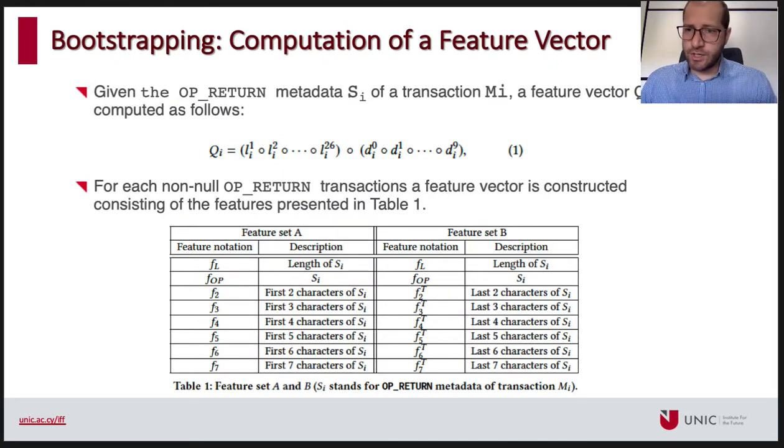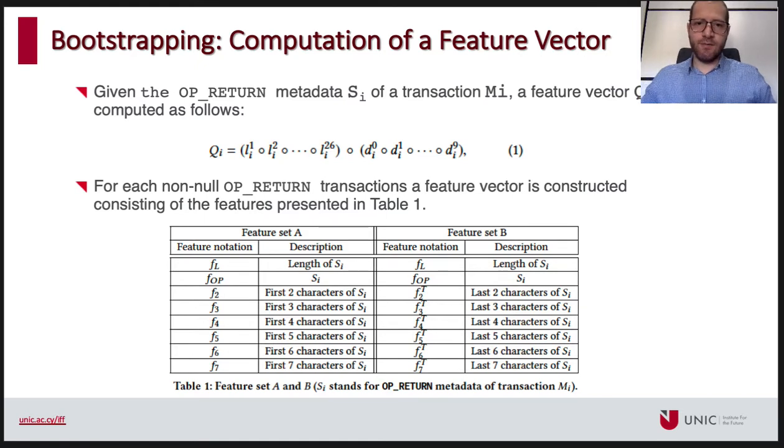So we're suggesting a feature vector, and this is used as a bootstrapping phase for our algorithm. And this is what we described in step 4 of the previous slide, and we are presenting this feature set in table 1.